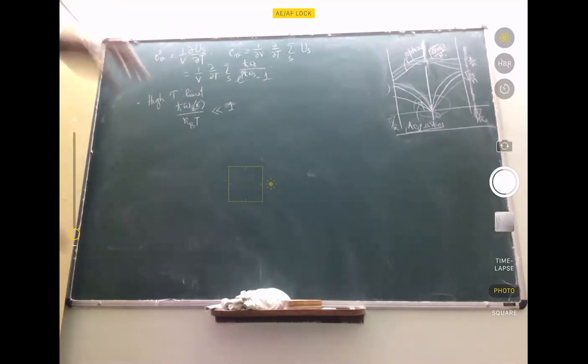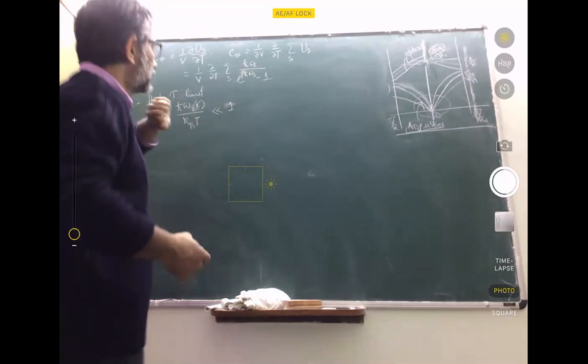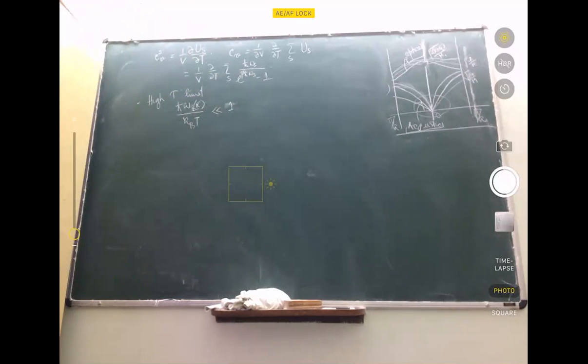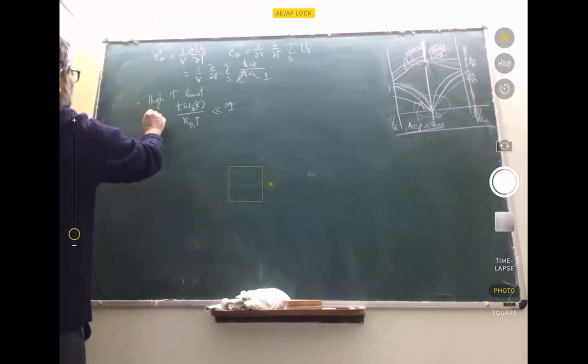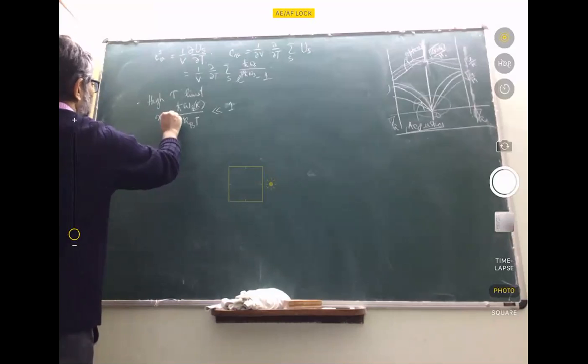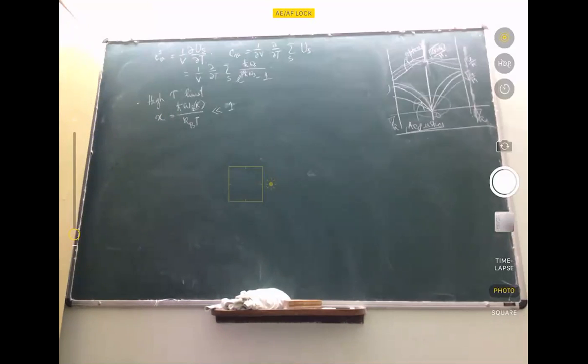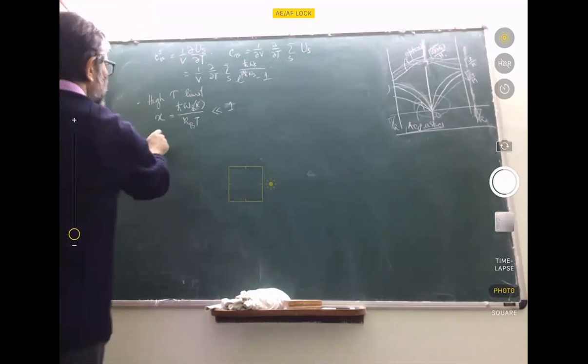So in that limit, the temperature dependence of course comes from this term only. Now we call this x, and after that it's just a mathematical exercise.